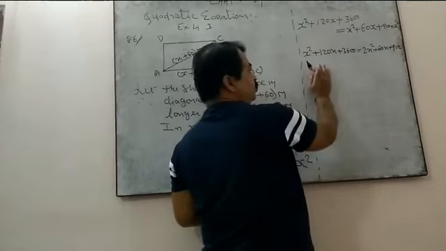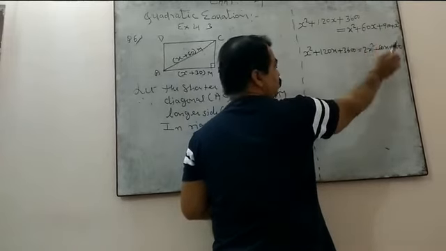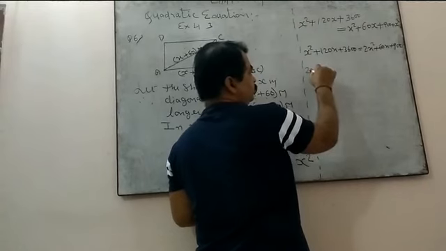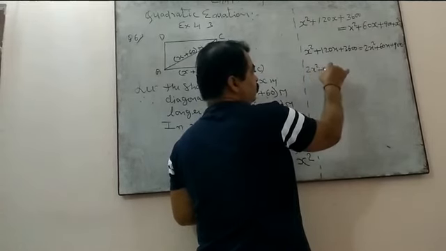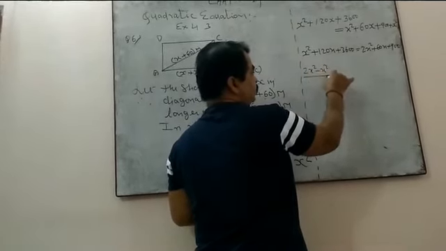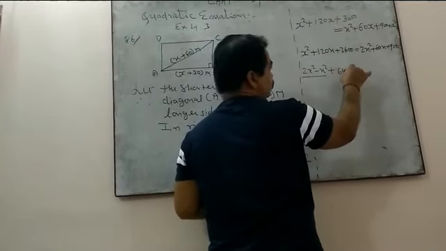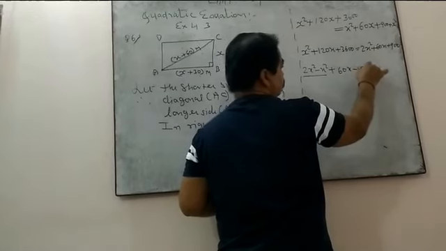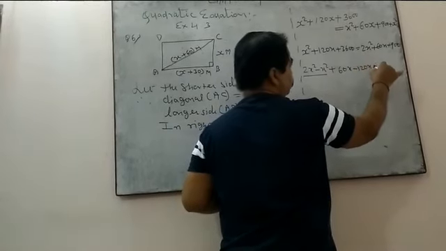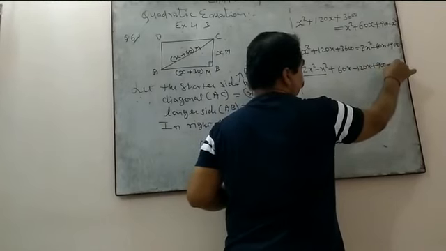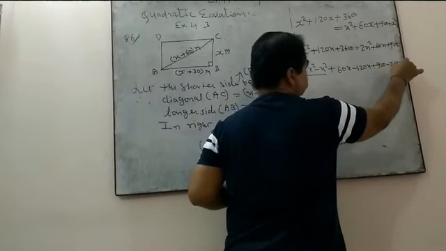Now transpose all the terms from LHS to RHS, because we need the x square coefficient positive. So 2x square minus x square, write like terms together. Then plus 60x minus 120x, then plus 900 minus 3600.